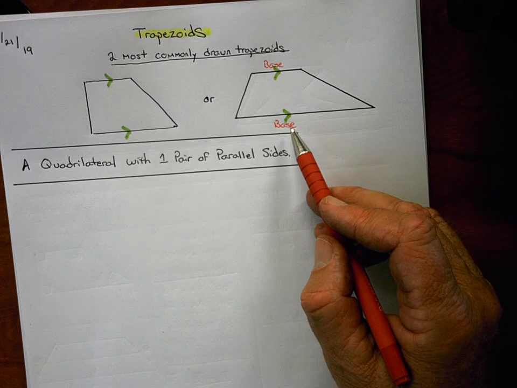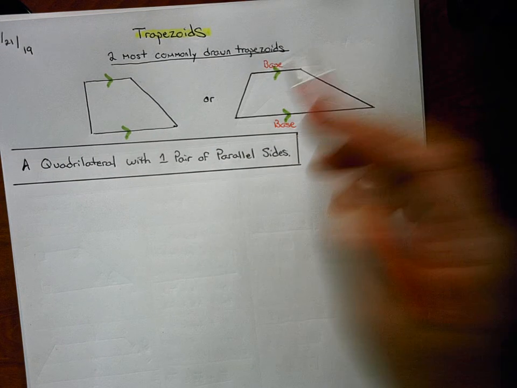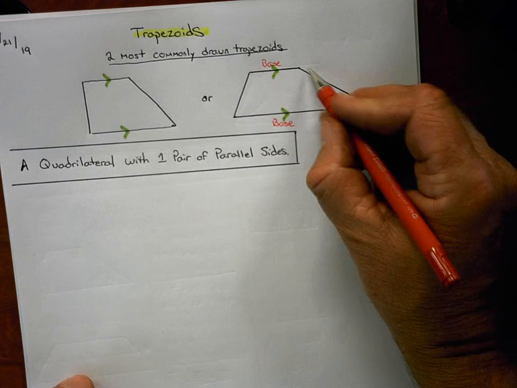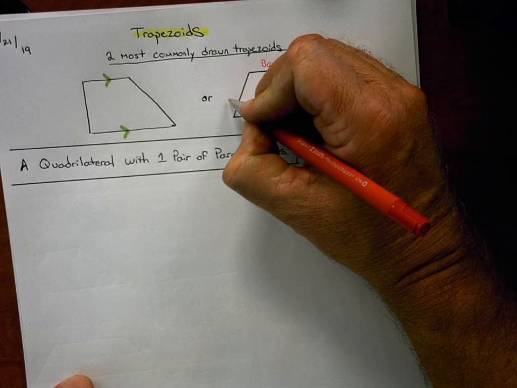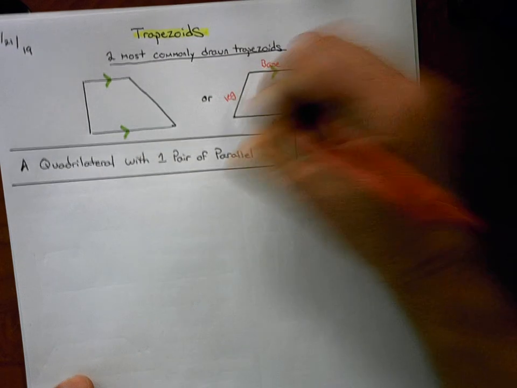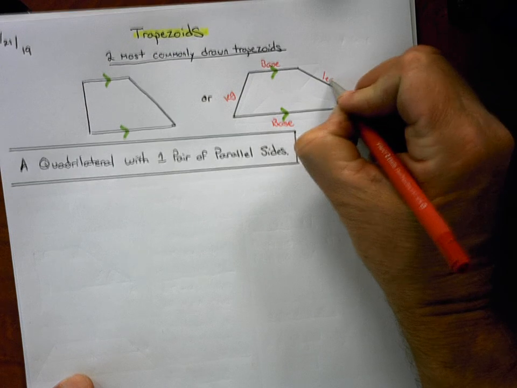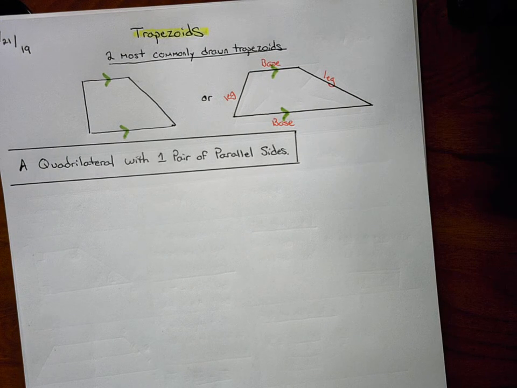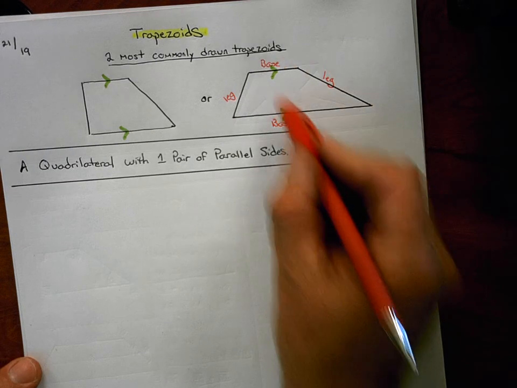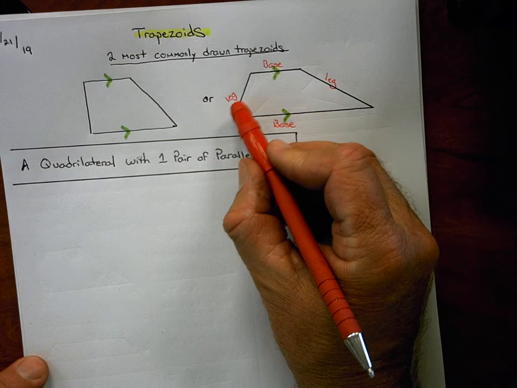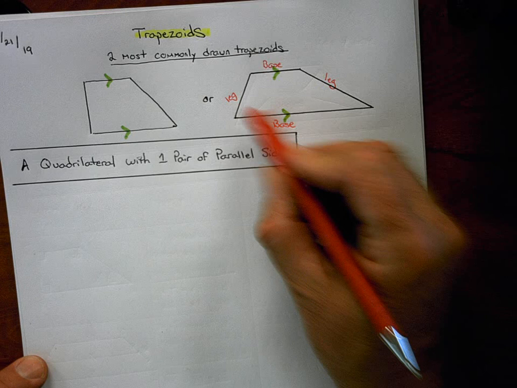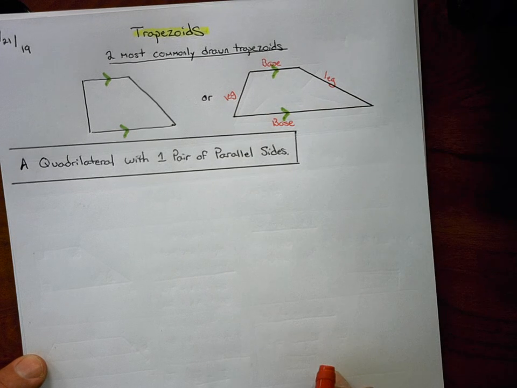And then the two sides that are not parallel are known as the legs. Okay? So a trapezoid has two bases, always. They will be the parallel sides. And a trapezoid will always have two legs, and they will be the non-parallel sides.